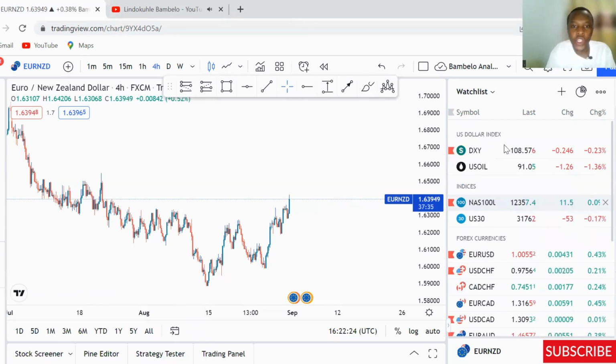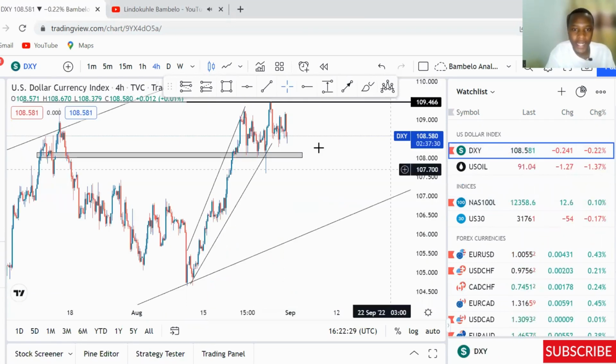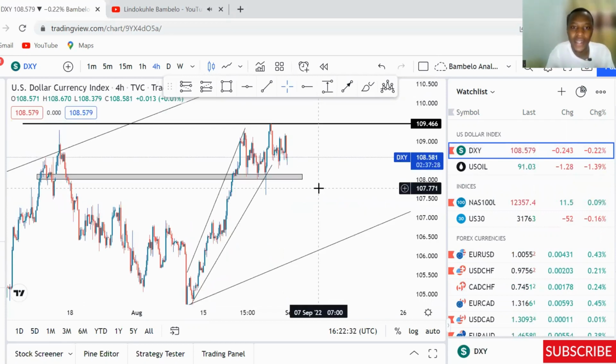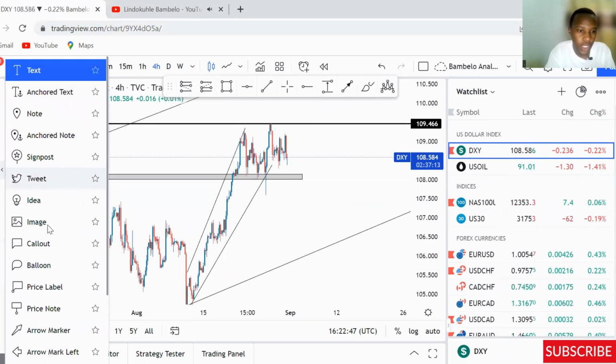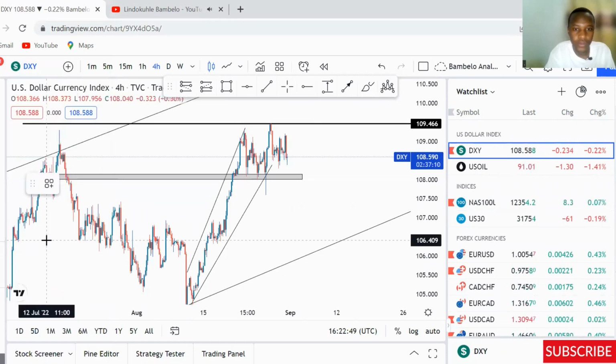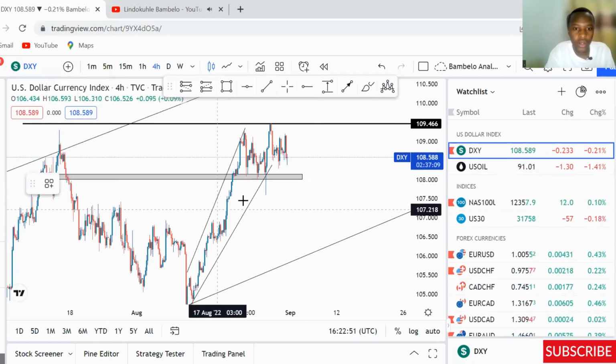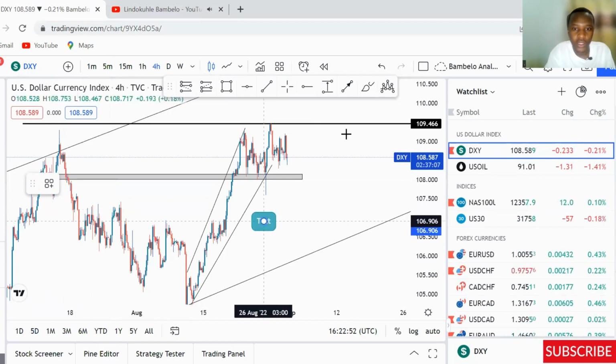So usually, you know that when we analyze the dollar index, it gives us an indication as to whether the dollar is going to be strong or weak. So this means, if the DXY is strong, let me just make a quick note. I'll just put it here.